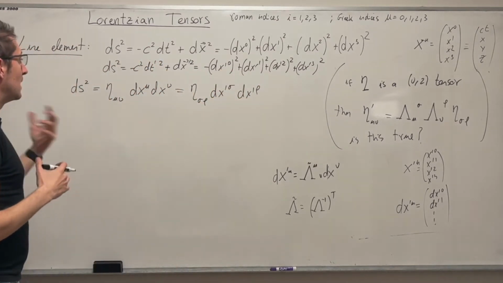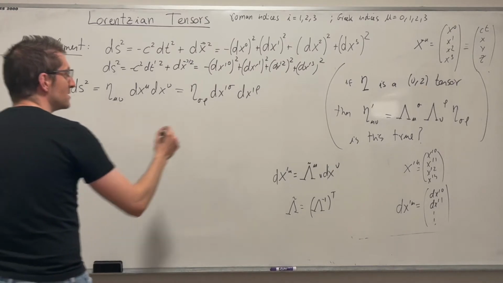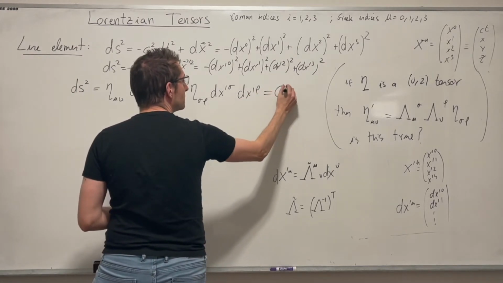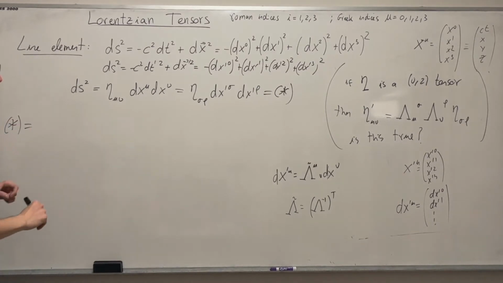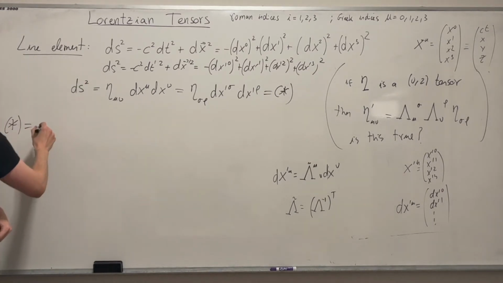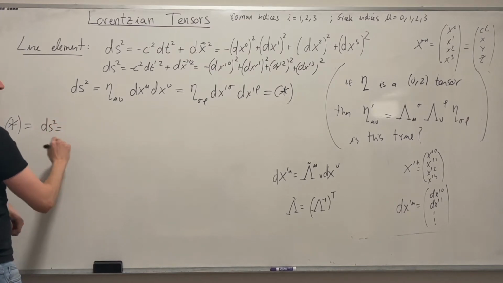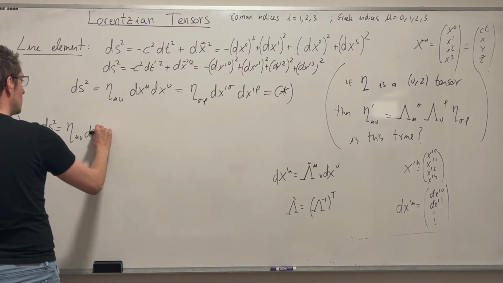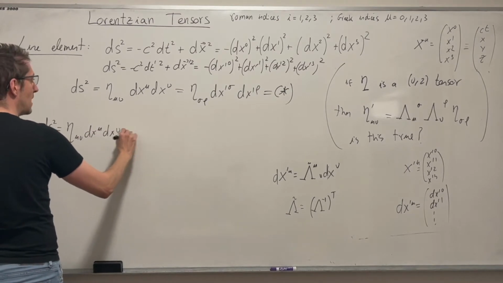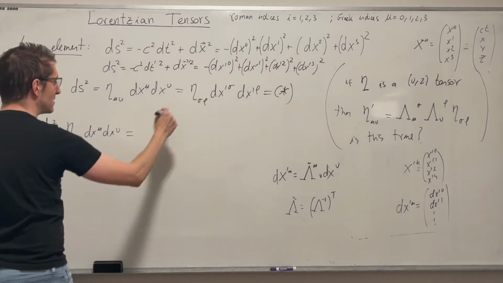Now, let me write the transformation explicitly. All right. I'm going to write ds squared again. I'll write the left-hand side again, eta mu nu dx mu dx nu. And here I'm going to write explicitly the transformation.